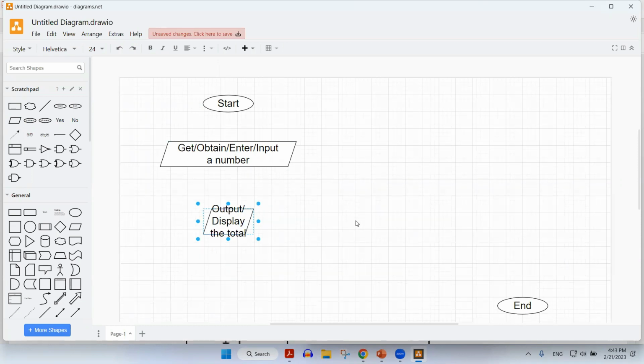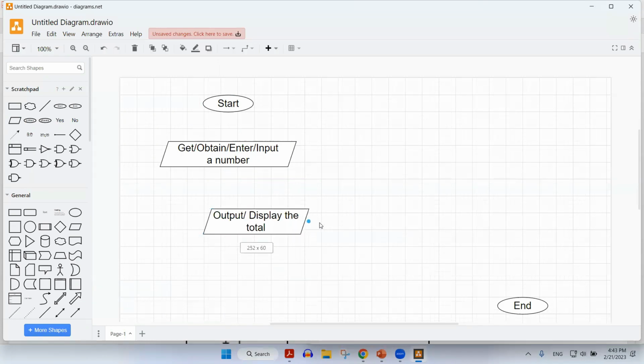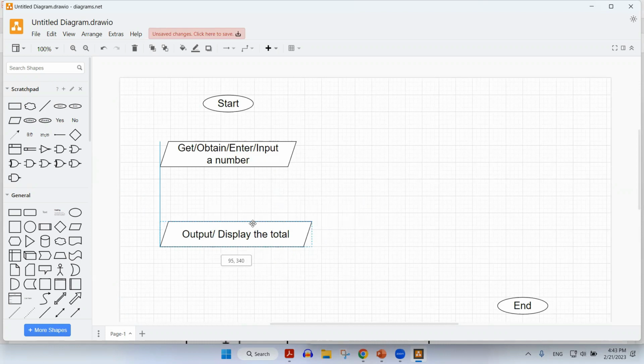So display the total, if we are about to display a total as an output. Likewise, you can indicate your inputs and outputs using a parallelogram, right?